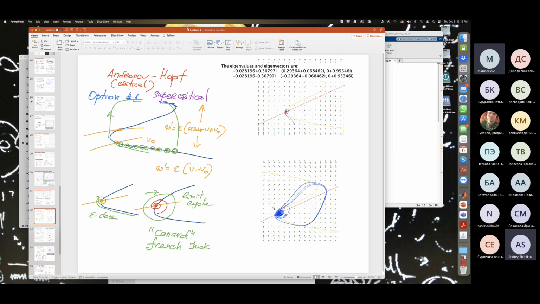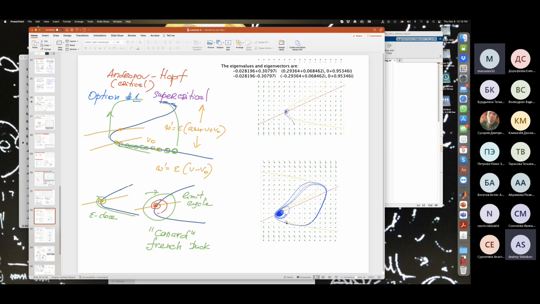And people who study slow-fast systems, basically Andronov bifurcation in a slow-fast system, call this solution a canard. Maybe I'll show you next time why I call this a canard, because it looks like a French duck, but you have to have an artistic imagination to see that, which is kind of strange too. But bottom line, the limit cycle follows this bullet shape of the cubic nullcline, and that's what makes it a canard.